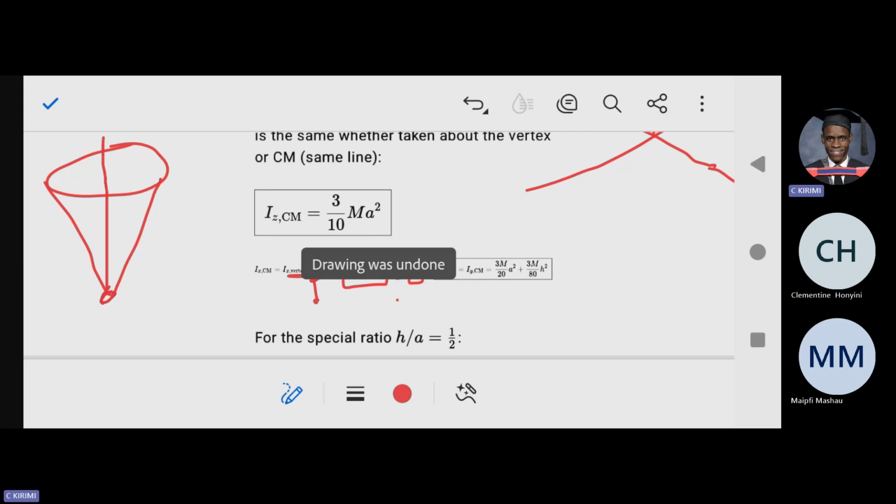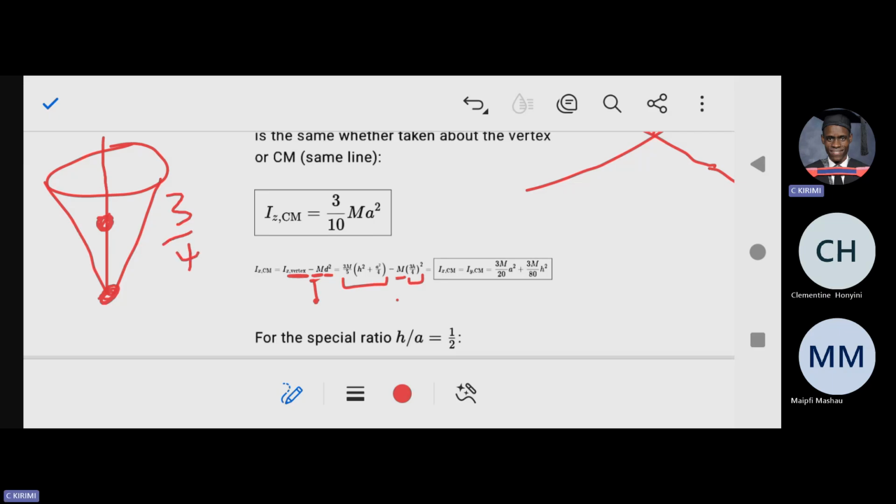So this is the vertex. If you want the moment of inertia along the X center of mass, you know that the center of mass is here. The distance, it's the center of mass of the cone, it's at 3/4 h.